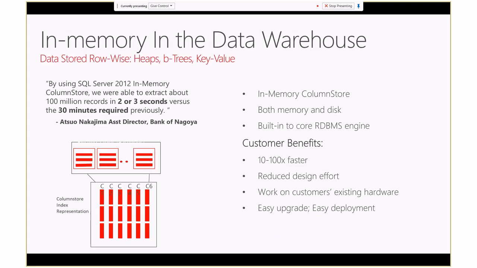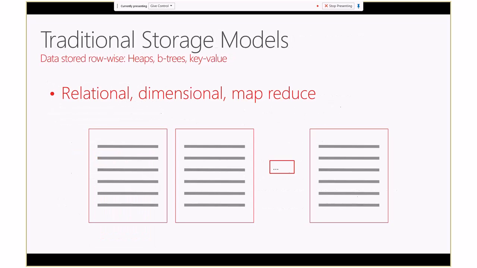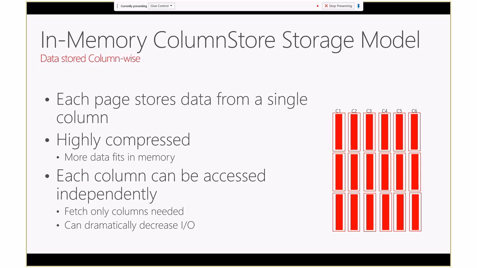Other traditional models for storing large amounts of data are obviously relational databases, star schemas, so the dimensional data warehouse, and more currently MapReduce, or your key-value pair storage of data. So there are other ways of doing it, but the in-memory column store model has a lot of advantages, and it sits right on top of the SQL model. It's part of the engine. You don't have to learn any new query language. You can still write the same SQL queries and get much better results.